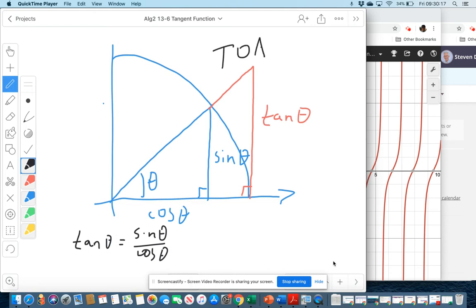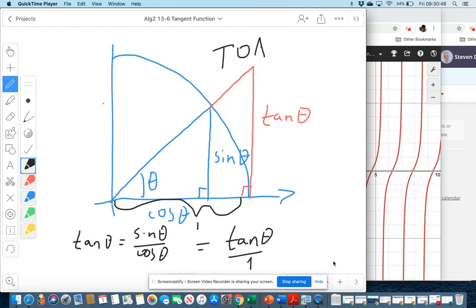But in our similar triangle, we have, what is this length down here at the bottom? This length down here at the bottom is just 1. Okay, so the tangent is going to be equal to tangent theta over 1, which is in fact the same as this ratio.